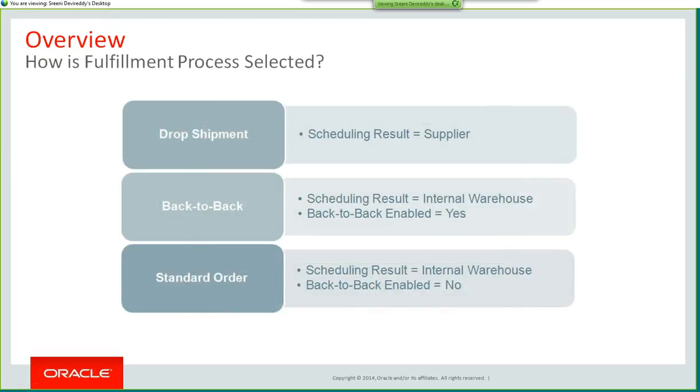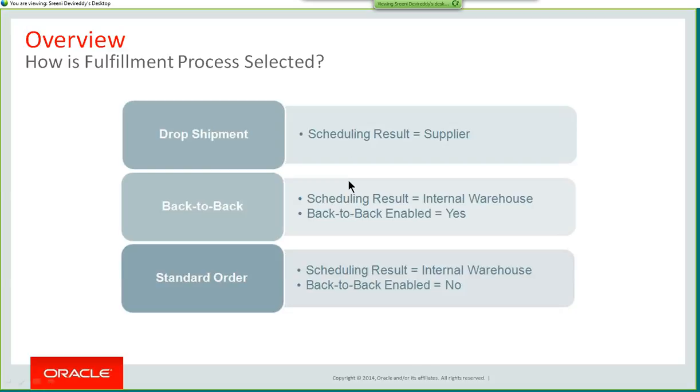So the same process that I was explaining in the previous slide. If the scheduling result, or the recommendation from GOP, says that the item has to come from a supplier, then it's going to be a dropship. It could also say that this item is internal warehouse sourced and it's a back-to-back item, then it's going to take this path.